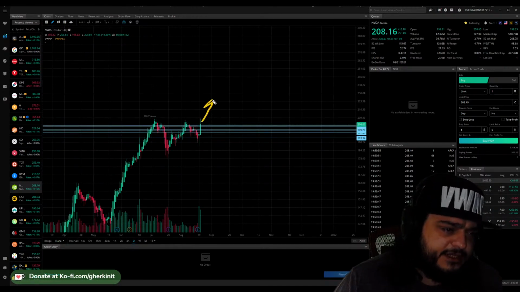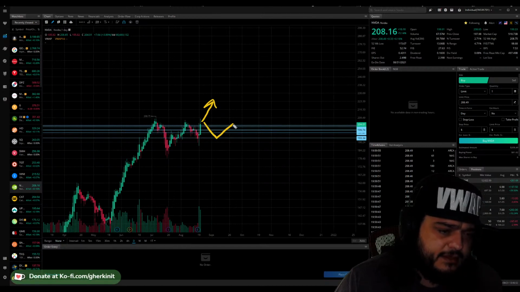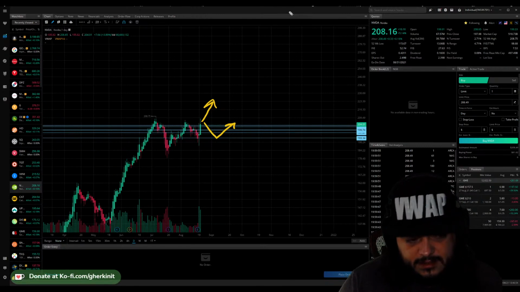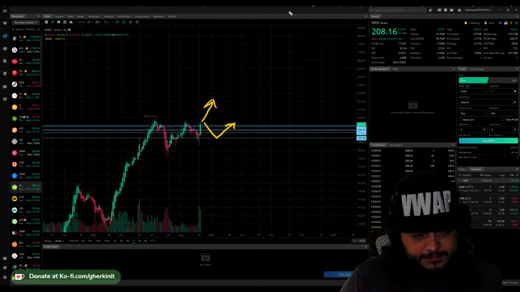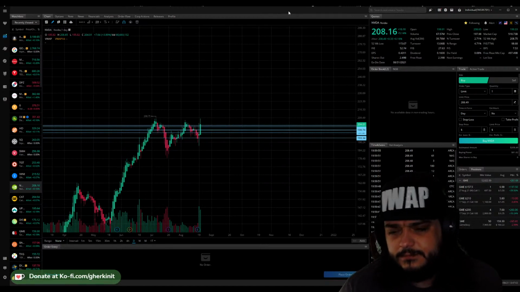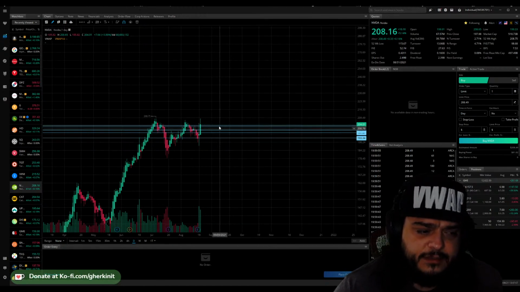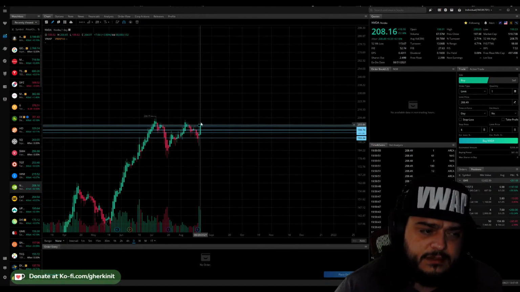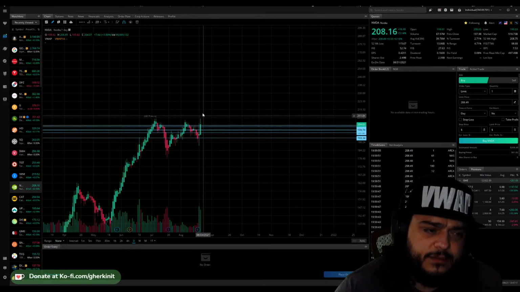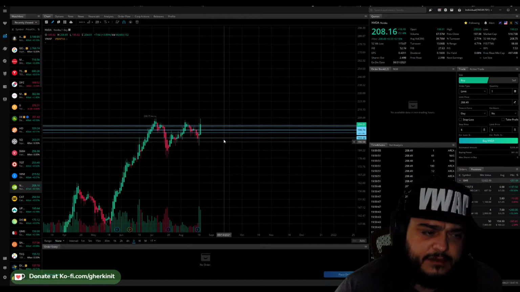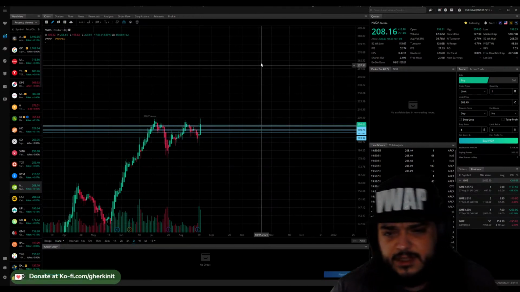Unless it just smashes through this, I expect to see it go like that before another test. If all these calls that were in the money were sold Friday, we'll see a lot of gamma exposure covered to the downside on Monday, Tuesday.